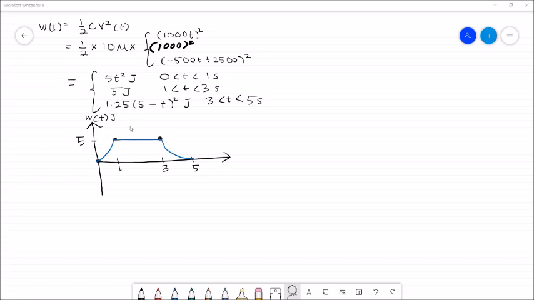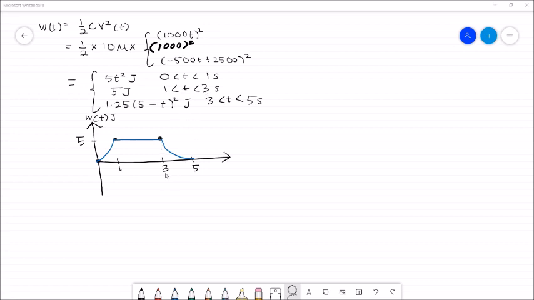Once you substitute both values, you will get the y-axis. So for the y-axis at the interval of 1 it is 5. Since it is a quadratic graph, you will get this kind of graph. And then for 1 to 3, it is directly 5 joule, so it shows a straight graph for the interval of 1 to 3.